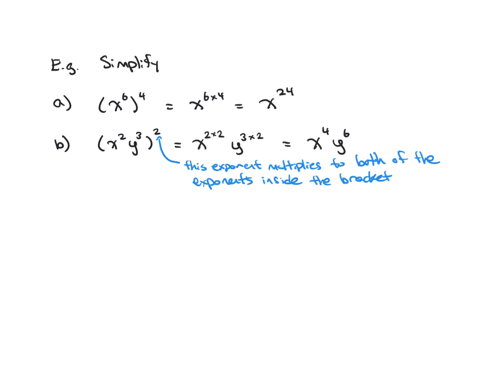Okay, and we can keep adding a layer of complexity here. So let's say I'll have x, y squared to the exponent of 4 times x squared y cubed to the exponent of 3.